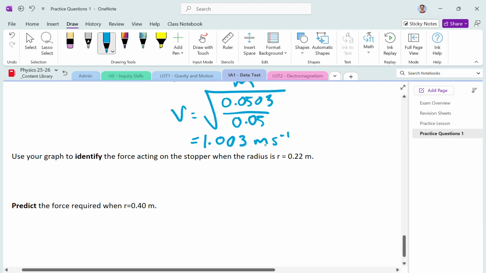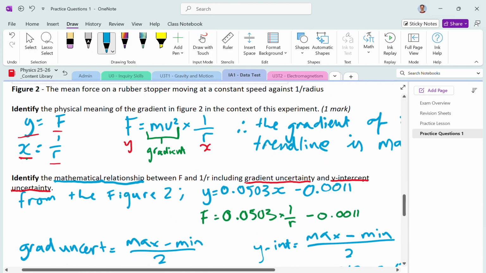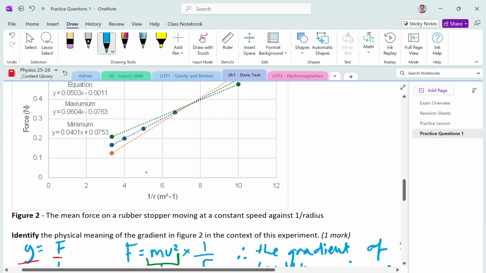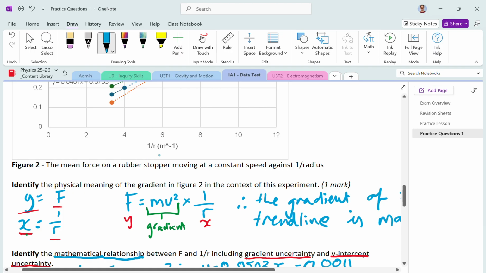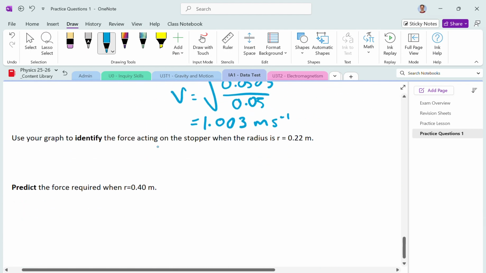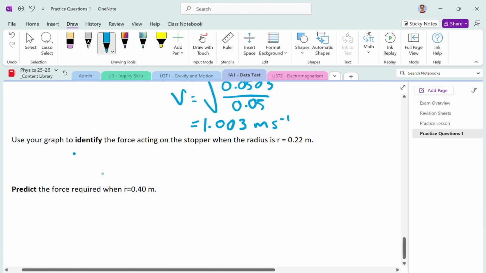So what we can do is go to our linearized graph and literally find out what the force is based on the trend line. So our linearized graph, we have 1 over r.